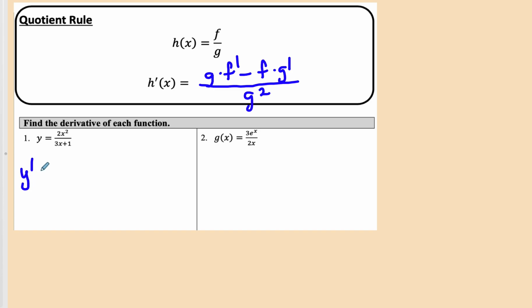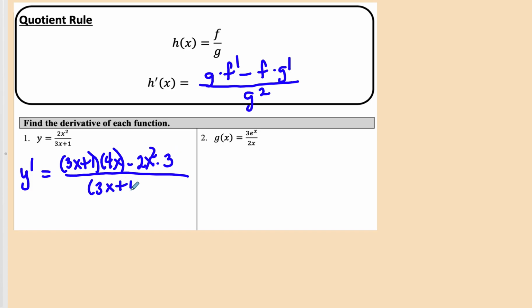Y prime equals, I'm going to take my denominator, 3x plus 1, derivative of the numerator, which is 4x, minus 2x squared times the derivative of the denominator, which is 3, all over 3x plus 1 squared. And I'm going to get 12x squared. This is going to be negative 6x squared, so this will be a 6x squared plus 4x, all divided by 3x plus 1 quantity squared.